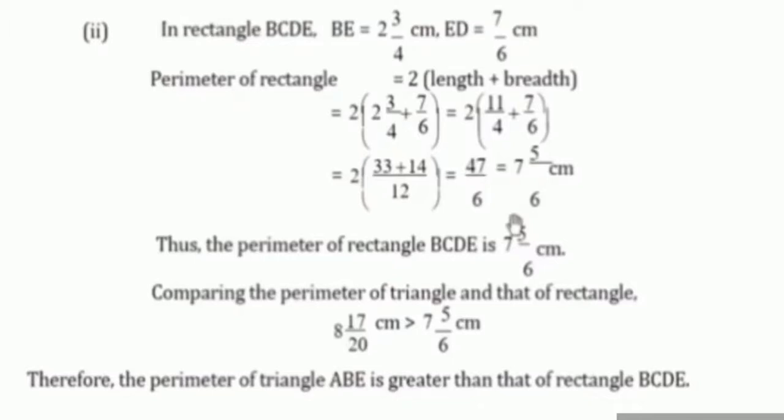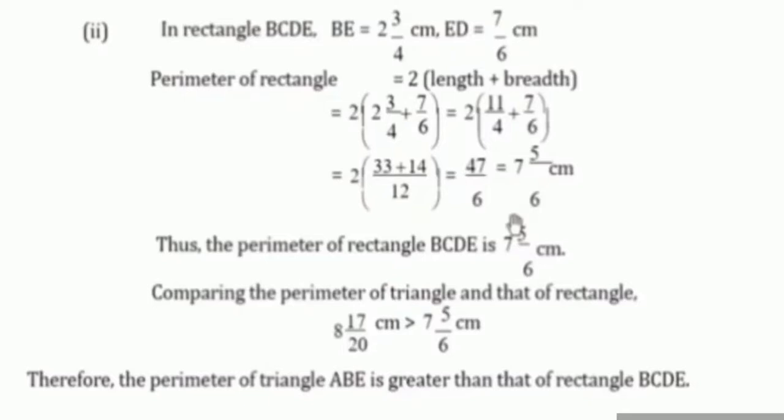Now again find the LCM. It will come 12. So 4 3s are 12 means 11 into 3 plus 6 2s are 12 means 7 into 2, that is 14. So 33 plus 14, it will come 47 upon 12. Okay. So this 2 and 12 we can cancel. So 6 2s are 12. So it will come 47 upon 6.